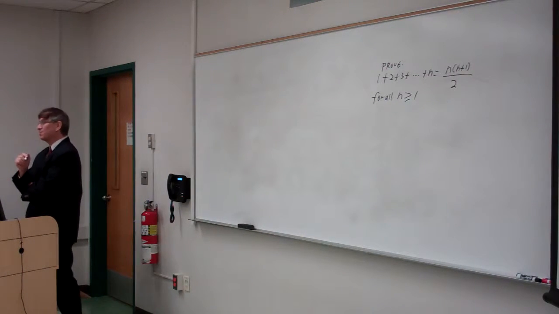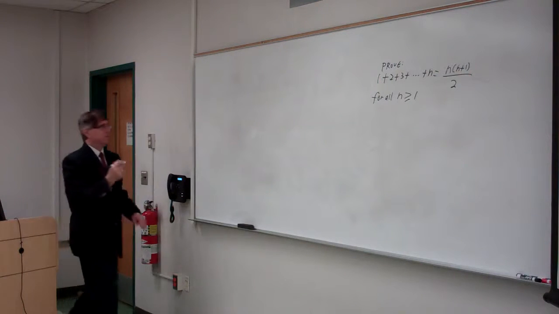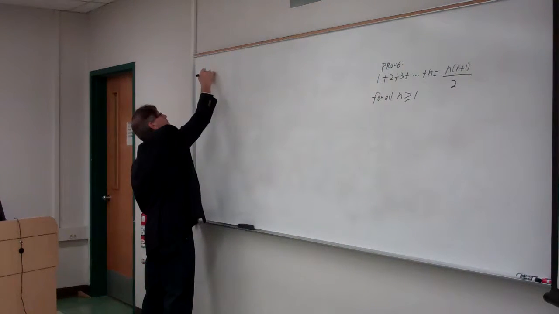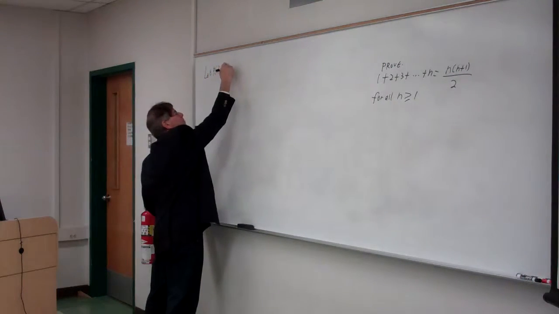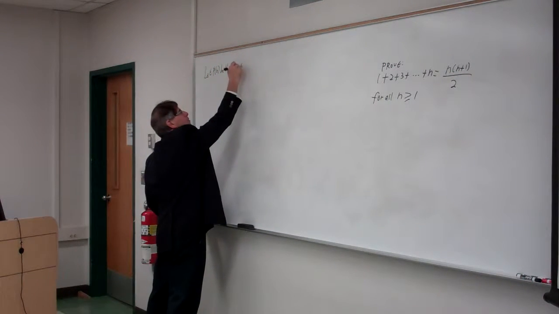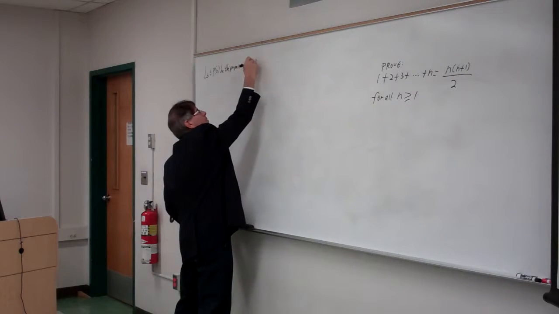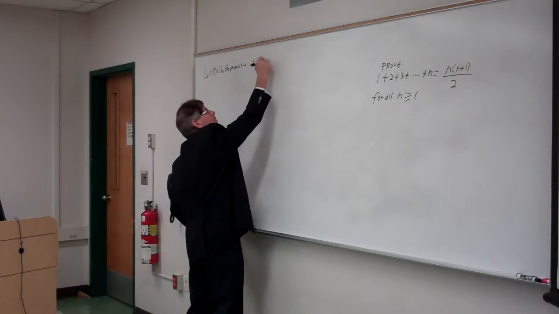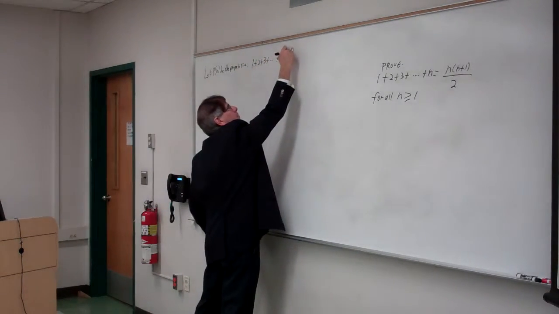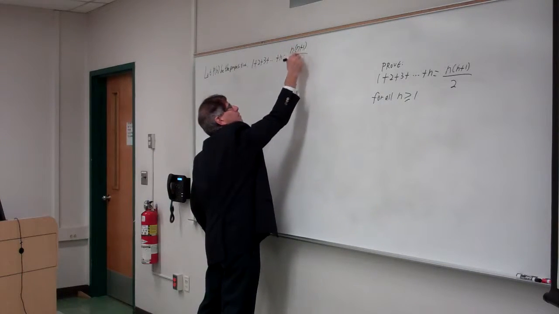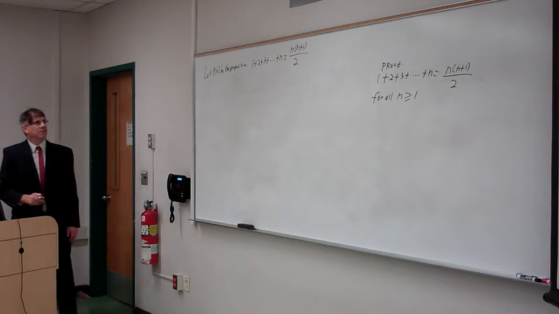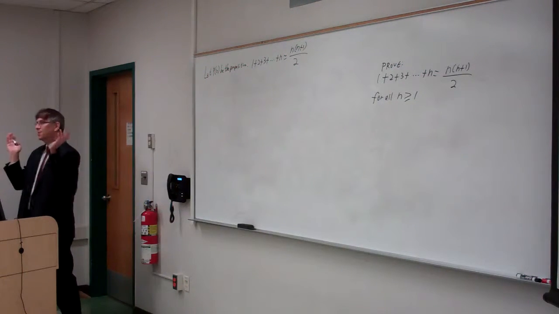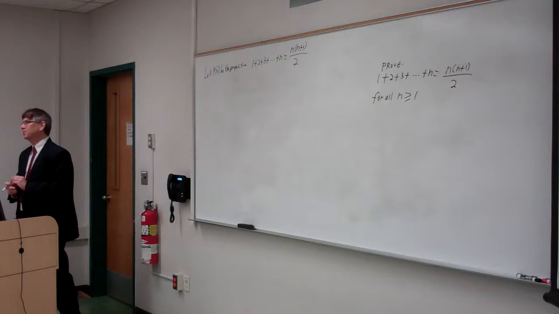All right, so let's make a proposition. So let P of n be the proposition that the sum of the first n integers equals n times n plus 1 over 2.